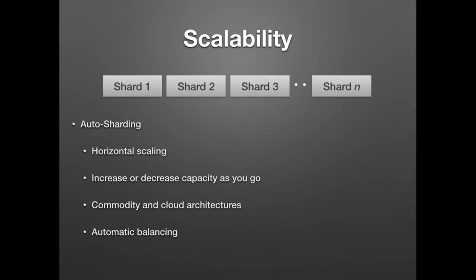Okay, so scalability. We accomplish horizontal scalability by partitioning your data set into individual shards. Each shard itself is a commodity server that has some subset of the data. From an administrative perspective, you define something called the shard key, which is how MongoDB decides how to distribute that data horizontally across those shards.